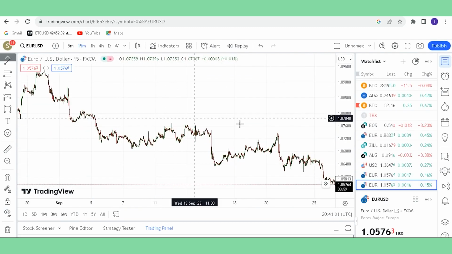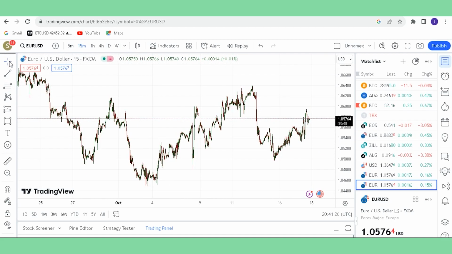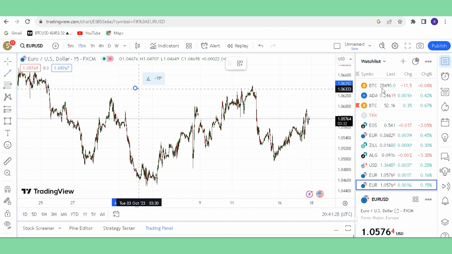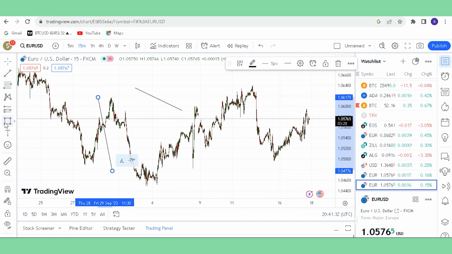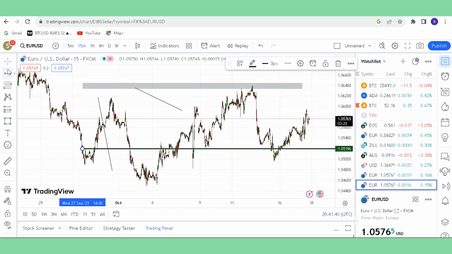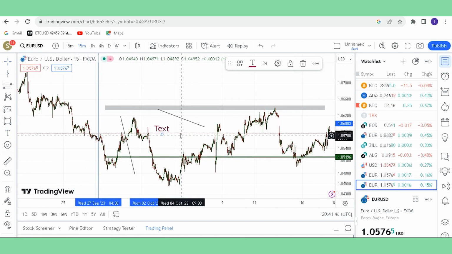When you launch it, you see something like this. I already prepared a chart from a broker, which is FXCM. Here you can see the name of the broker and the symbol. Here you can change the time frame, and here you have a toolbar that you can use to draw objects on the chart. Like there's a line you can draw. This is the zone, or horizontal lines, vertical lines, and you can also add a text here.